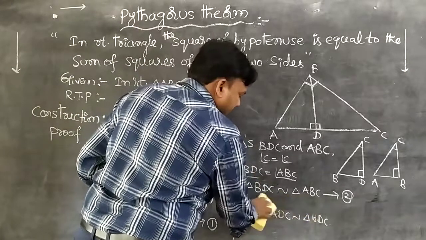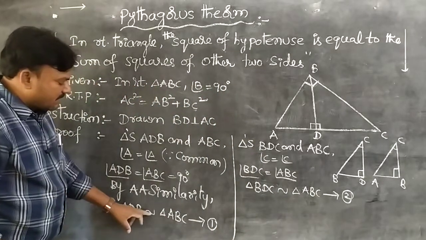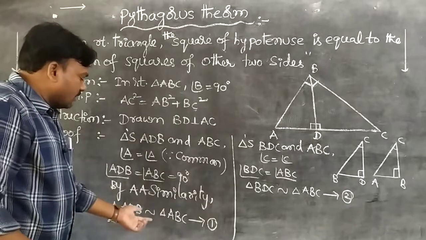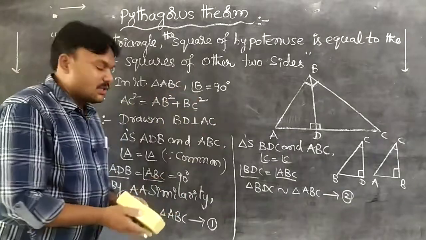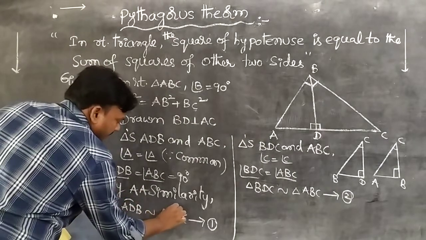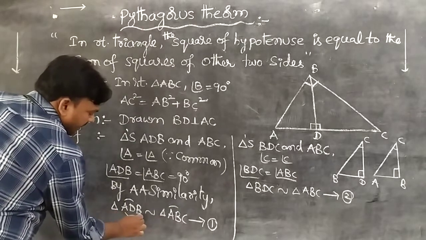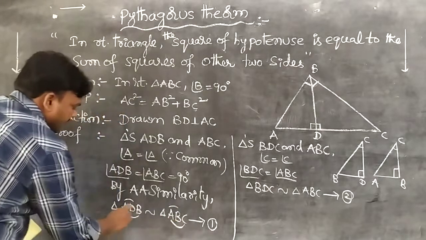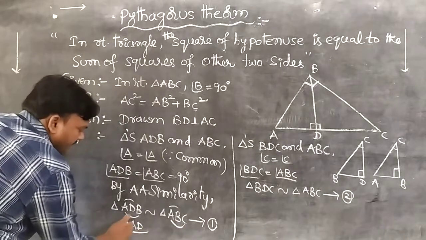Okay, erase it. Observe here, it comes to 1. Triangle ADB is similar to triangle ABC, which means their corresponding sides are in the same ratio. So we are taking here AD by AB, next AB by AC, and here AD by AB.